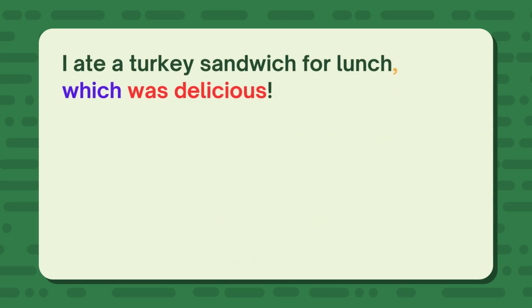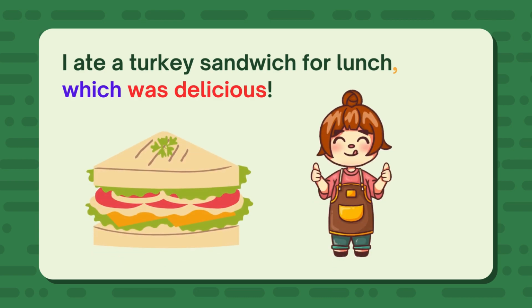I ate a turkey sandwich for lunch, which was delicious. Again, I ate a turkey sandwich for lunch is our main clause, and it would make sense on its own, but we add in our non-restrictive relative clause at the end just for some more information, which was delicious.